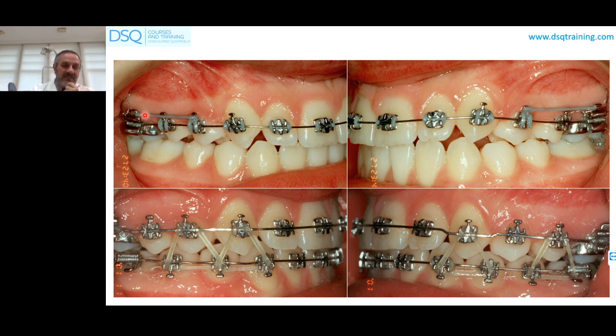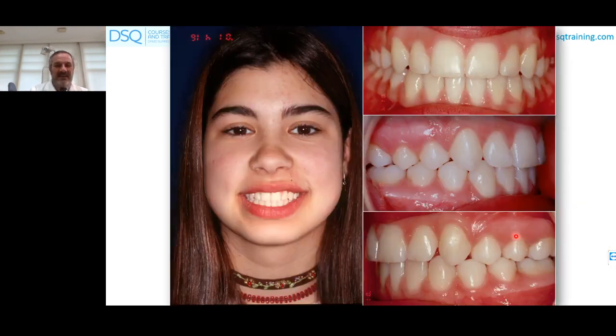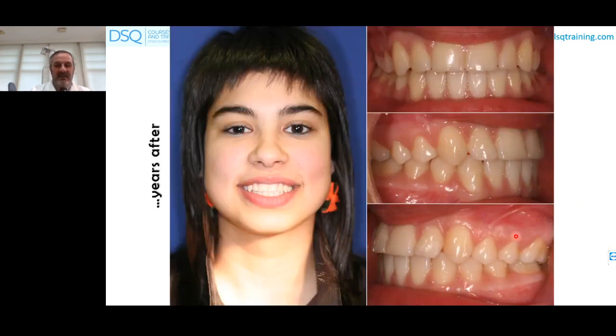Now, what is the most important after putting the molar in class 1? The most important is to retract the premolars and the K9. For this reason, ligate the premolars in the middle to diminish the friction and to move very fast and very backward. Then the intermaxillary elastics, the end of the treatment, and the patient years later.